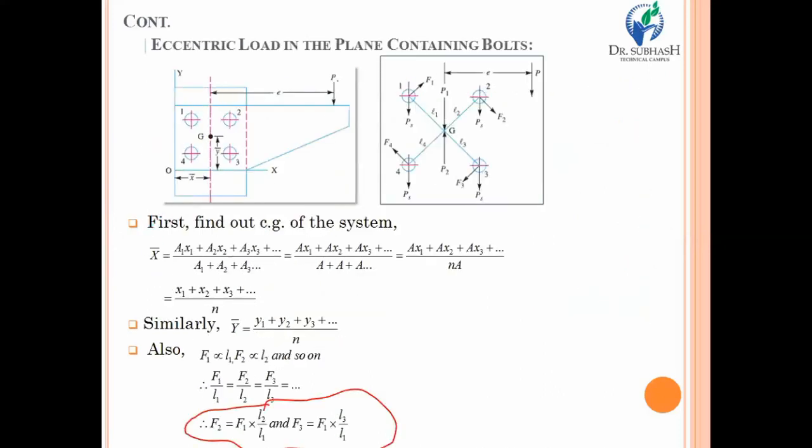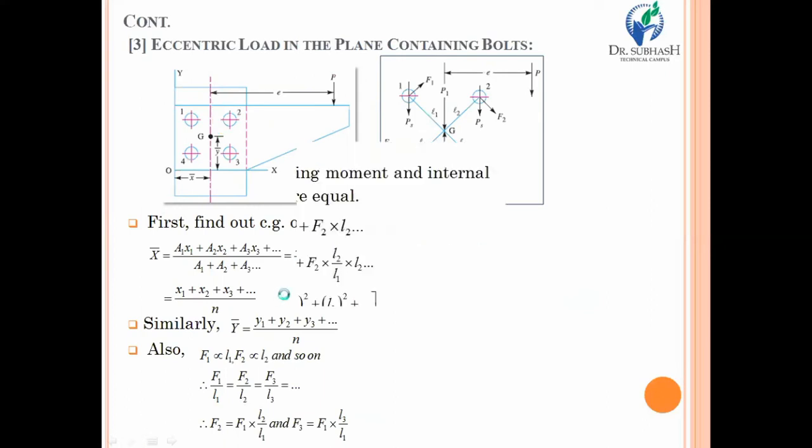Look at the previous slide. This is the direct shear load, which causes direct shear load on each and every bolt system, and along with it, this shear force has an eccentricity with that particular bolt system, so it will create a little bit of twisting or turning moment on each and every bolt system. So there are two criteria that you have to select.